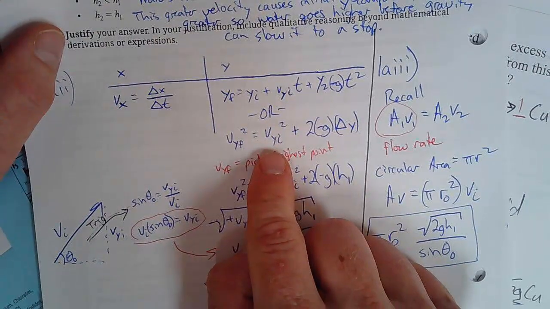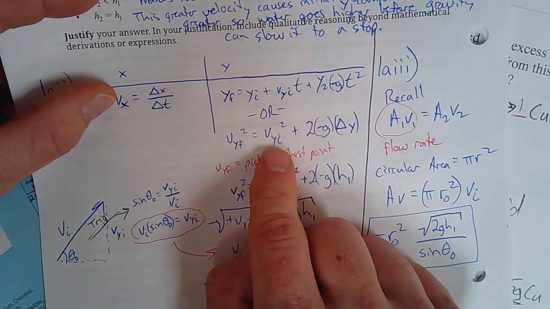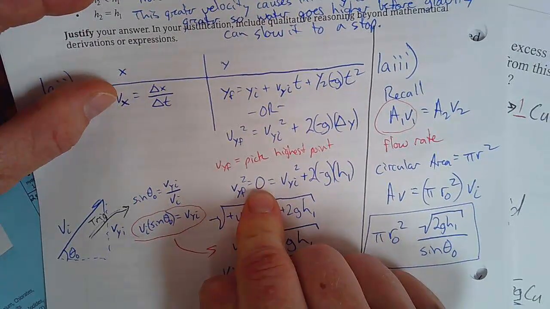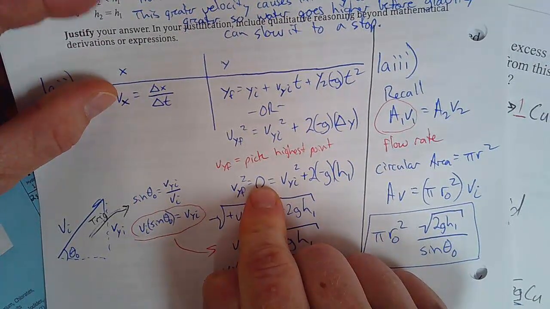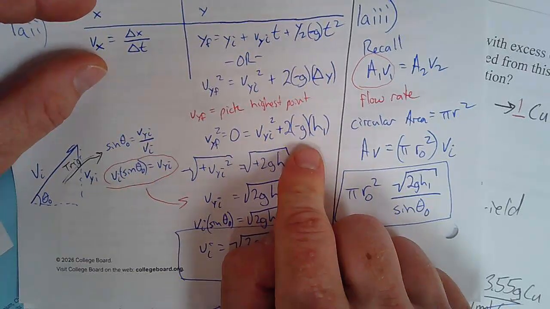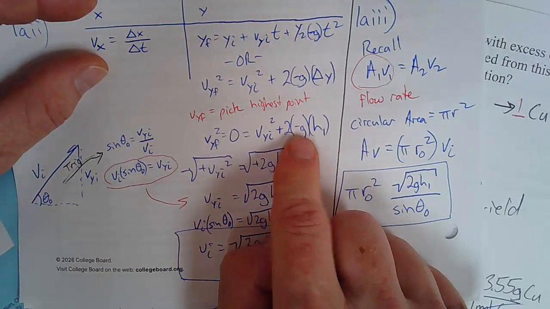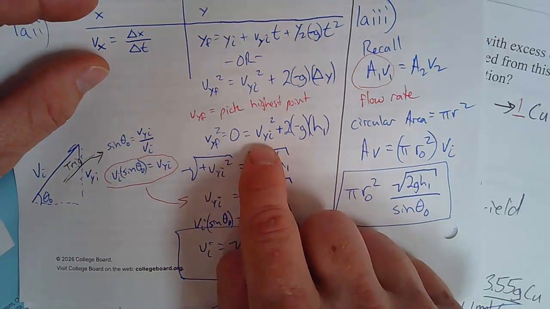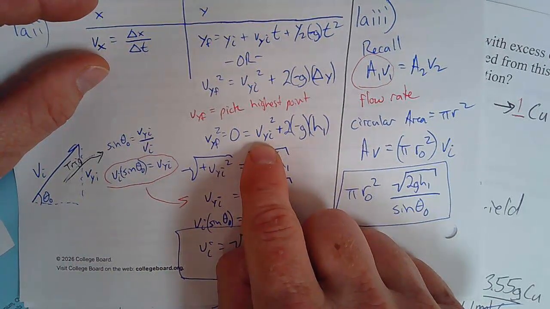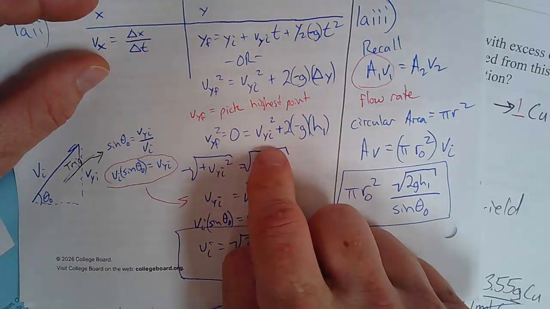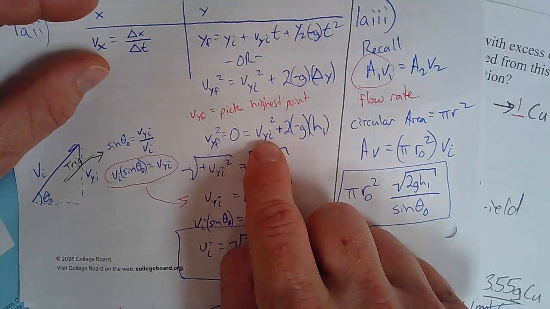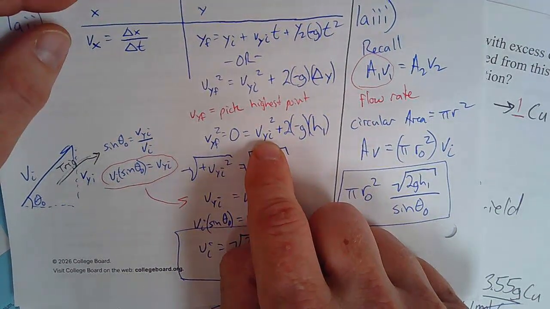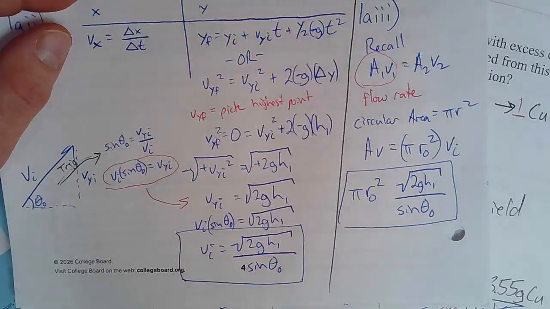If we do that, then our final y velocity is going to be 0. Acceleration is negative g, h1 is the change in height, and we're solving for vyi, which is the vertical initial component of the velocity.